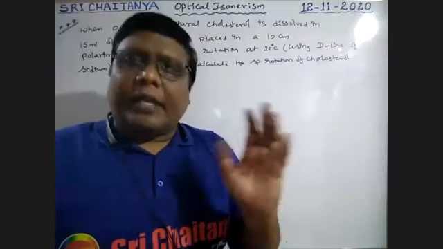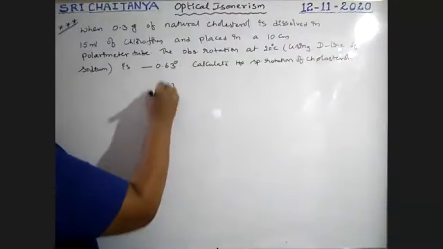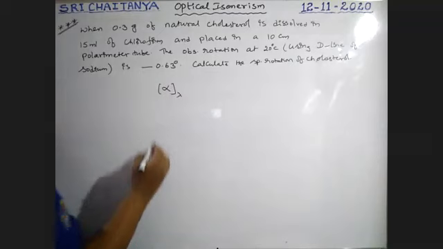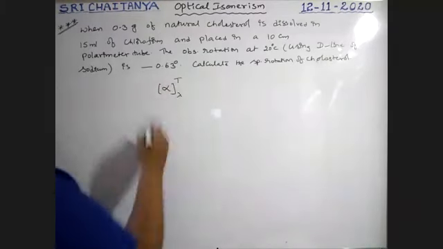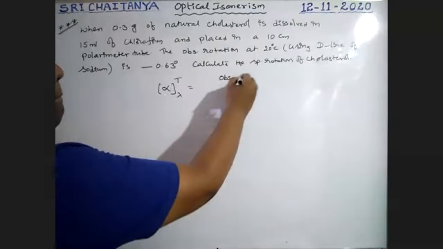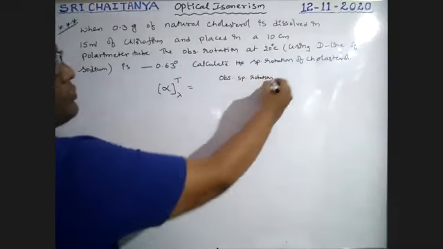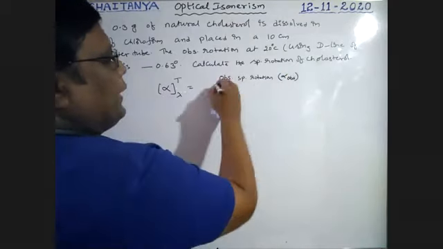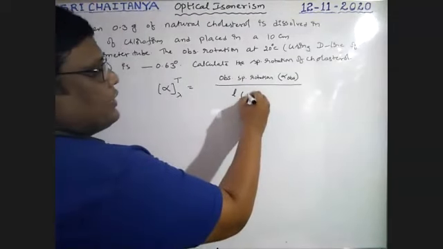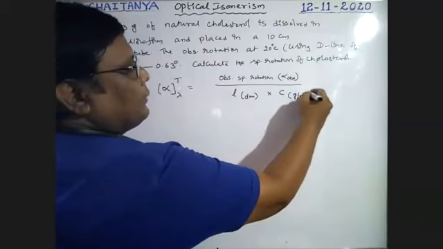Specific rotation at lambda and T Kelvin is equal to alpha observed by L, which is in decimeter, into C, which is in gram per ml.